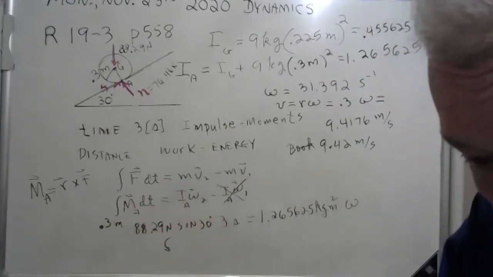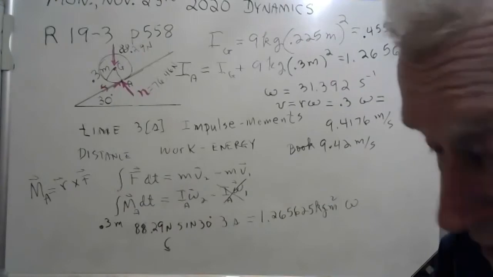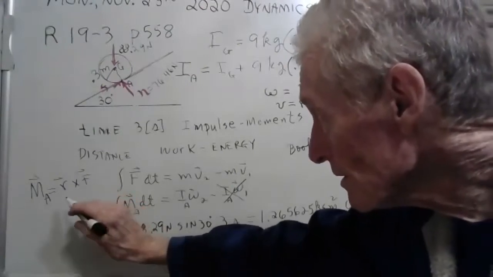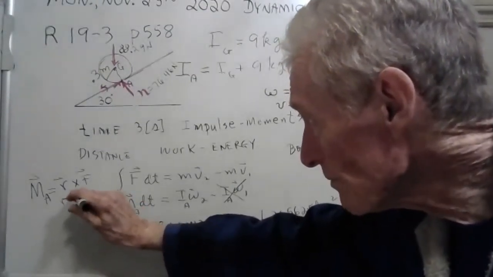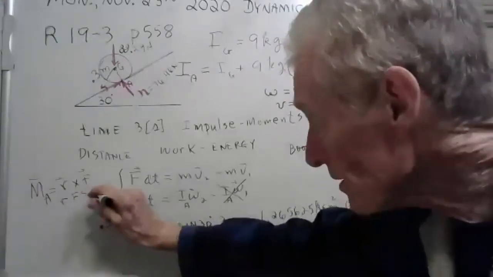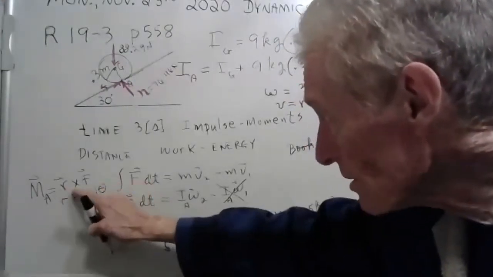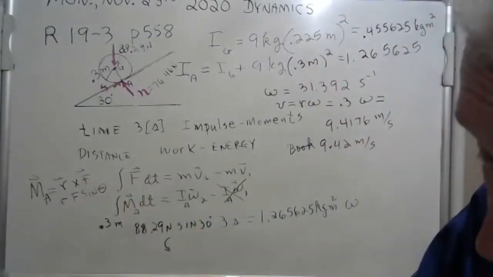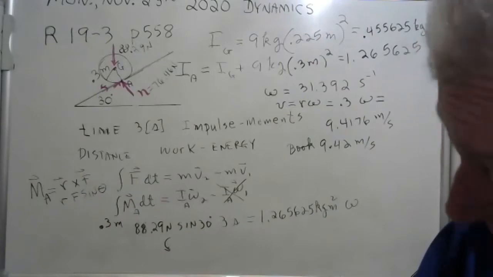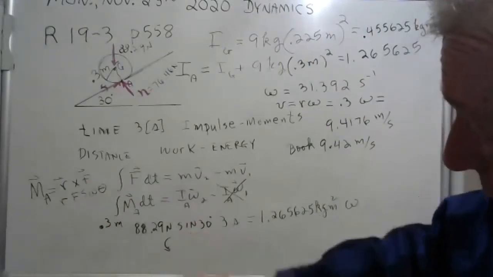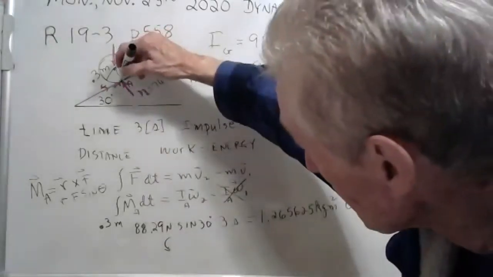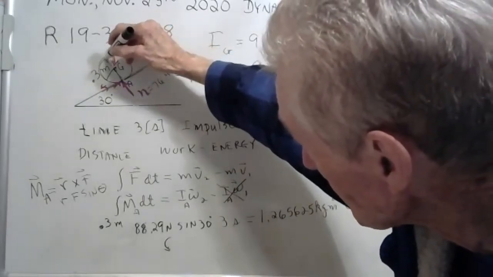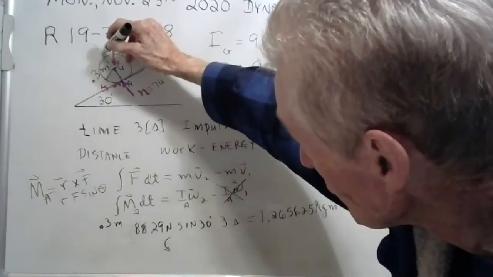Is it Stuart? Am I talking to Stuart? Yes. Stuart, do you remember this, R cross F is equal to RF sine of theta? Does that ring any bells? R cross F is RF sine theta. Yes. You remember that? Good going. See, that's how come you have to have sine of 30, because here's the R and here's the F. Now there's an angle between them of 30 degrees.